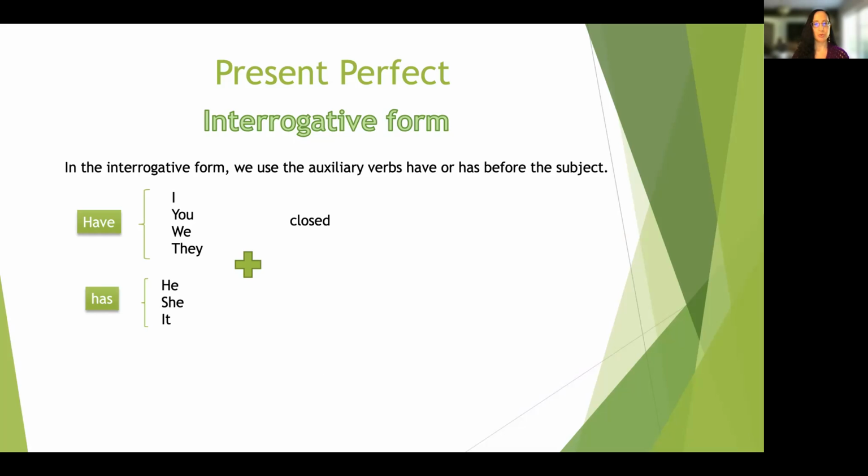Okay, now you tell me, is this a regular verb or is this an irregular verb? Remember, have I closed? Have I driven? Have I eaten? Have I left?